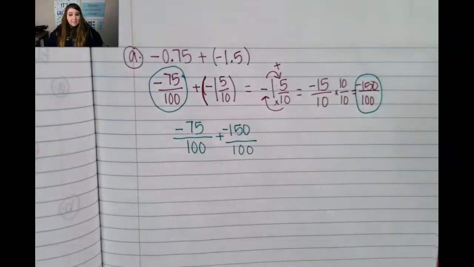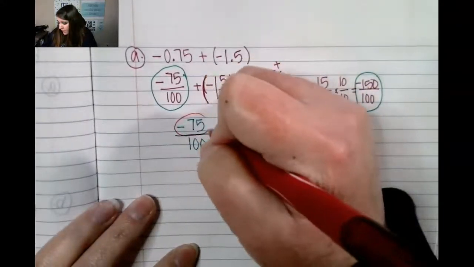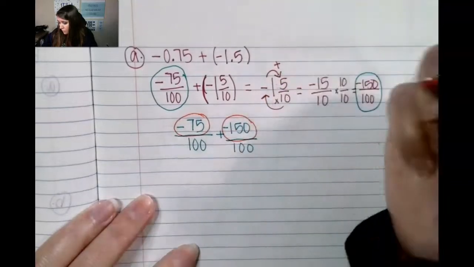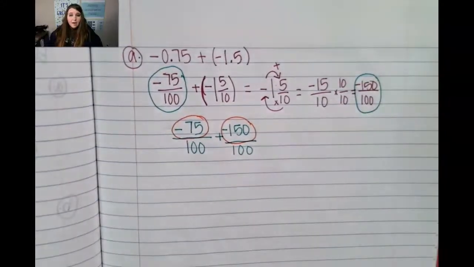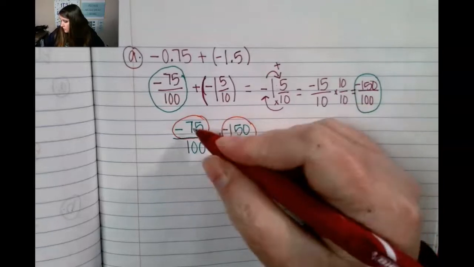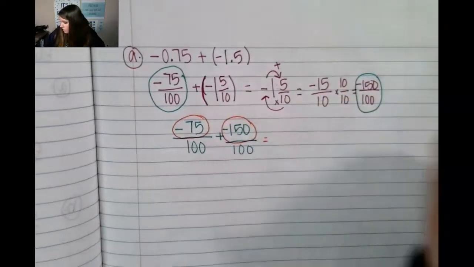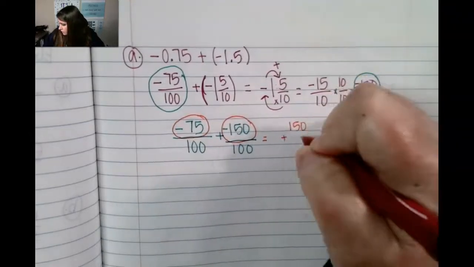They are the exact same denominator, so we're going to ignore those. I have negative 75, and I add on 150 more. So I know that that is going to give me 225. Let's add that like this. So 150 plus 75.